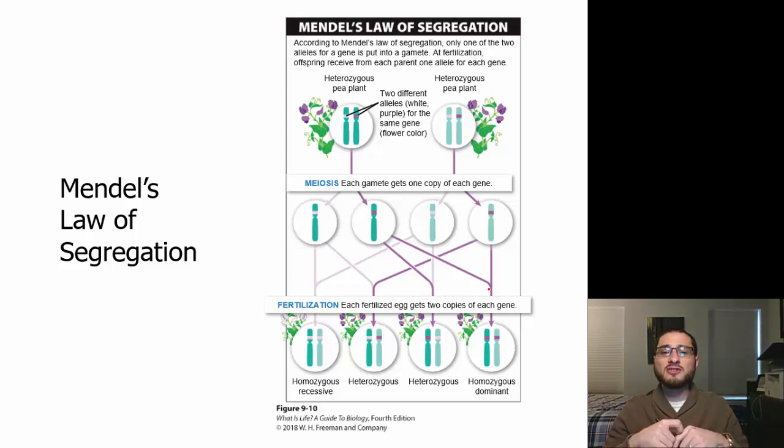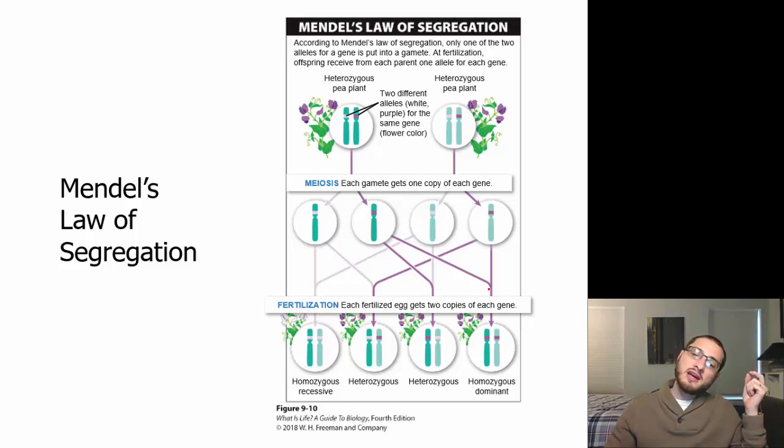So, according to Mendel's law of segregation, only one of the 2 alleles for a gene is put into a gamete, and at fertilization, where the sperm goes into the egg, the offspring receive from each parent 1 allele for each gene. So here we saw after he mixed a purple with a white, everything came out purple.